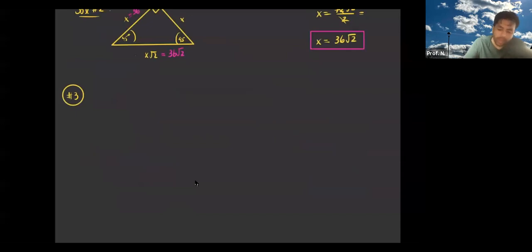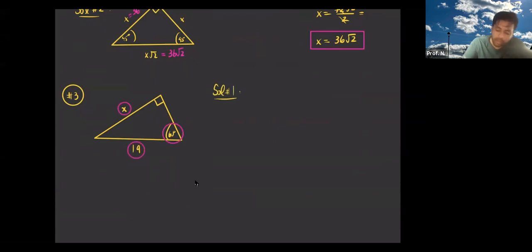Number 3, we have a right triangle. This is also 90 here. This is X. This is 60 degrees. And this is 19. So I'm going to do 2 ways again. I'm going to do it the standard way, which is just to say, okay, we have an angle. We have its opposite side and the hypotenuse side, which means that I'm going to use sine of 60 degrees.